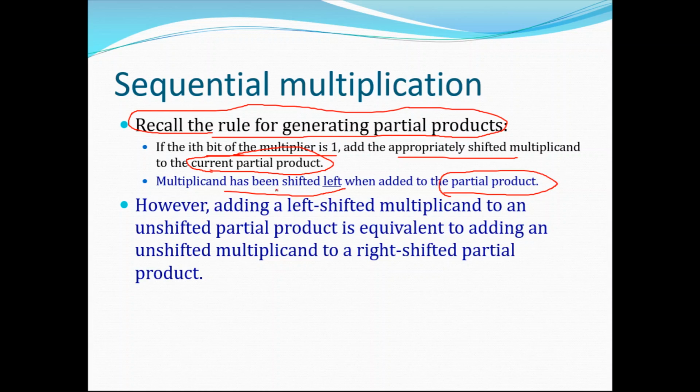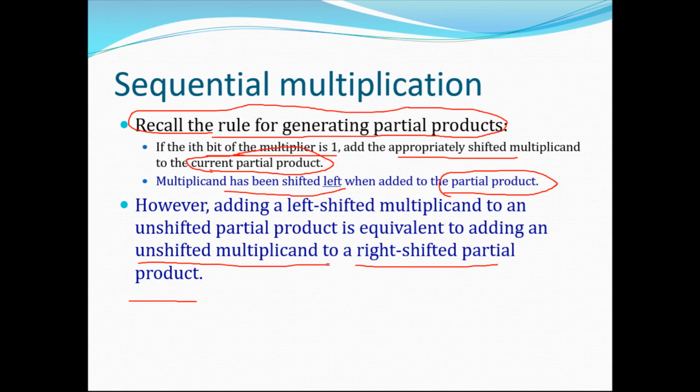Okay, so shifting the multiplicand left by i times and adding it with the partial product is equivalent to, please understand carefully, shifting the partial product to the right for i times and adding it with the multiplicand, the unshifted multiplicand.